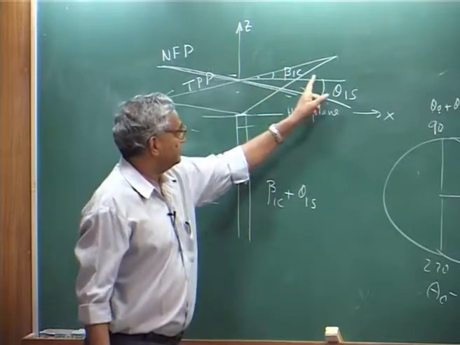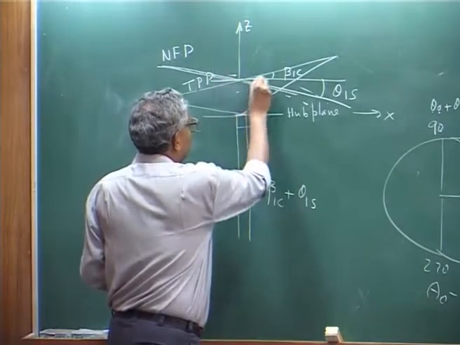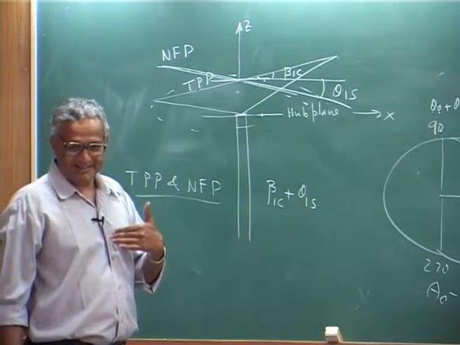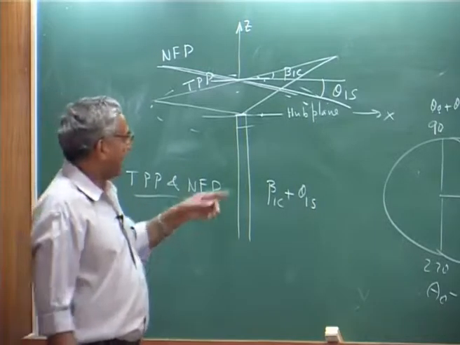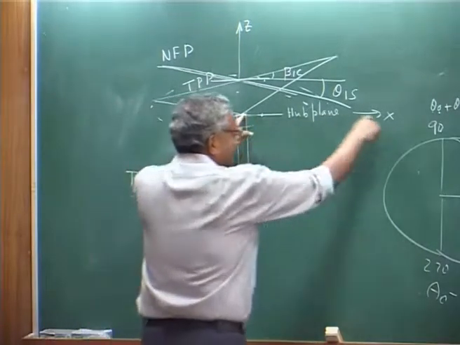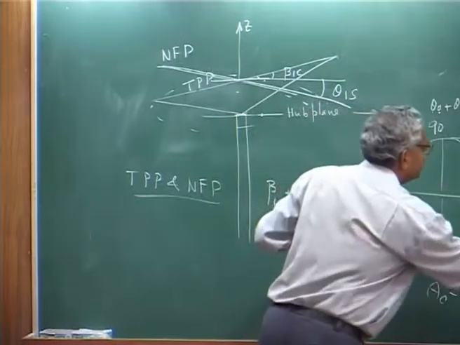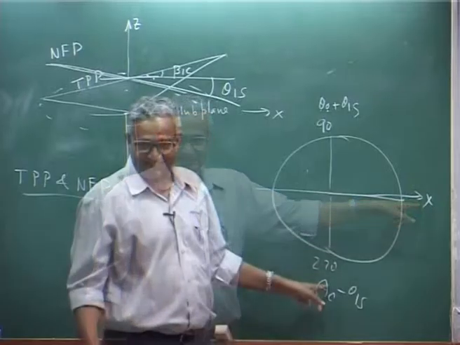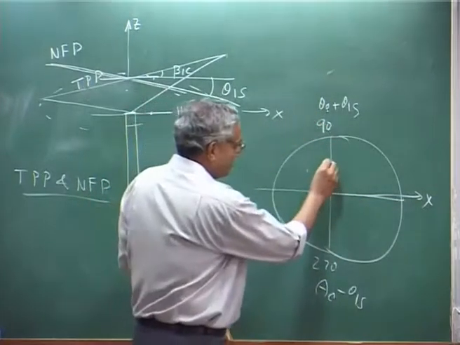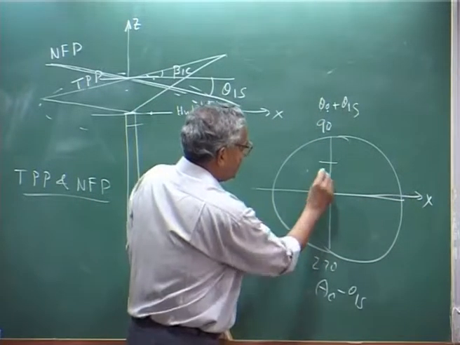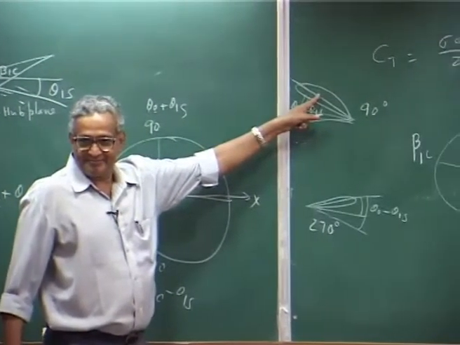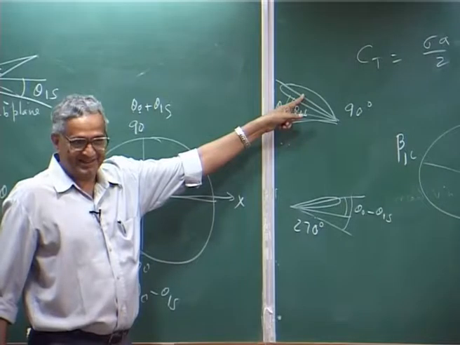This is the hub plane, please understand, these two are parallel. Port side is theta naught minus theta 1s. X axis is here, this is x. See, here aerofoil comes here, okay. I am looking at it, then what will happen? If you look at it, it will be like this. Is it clear?